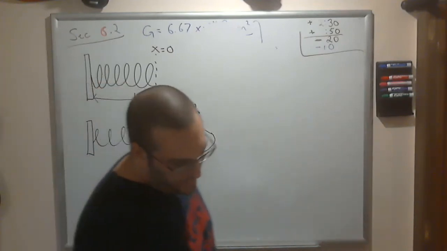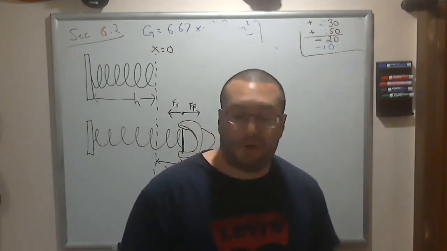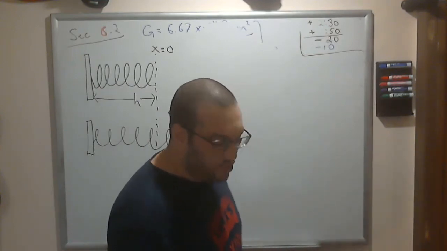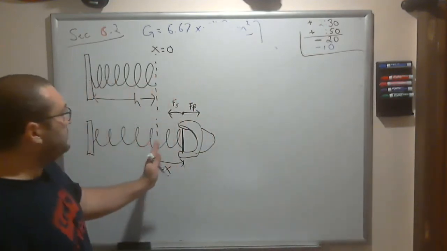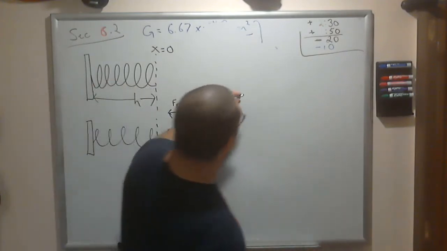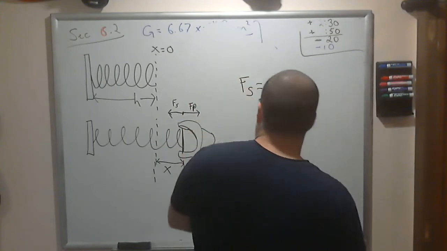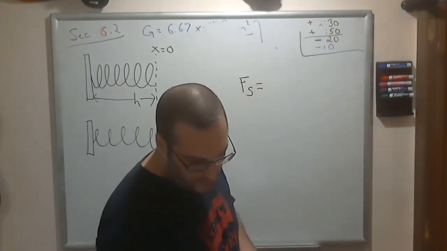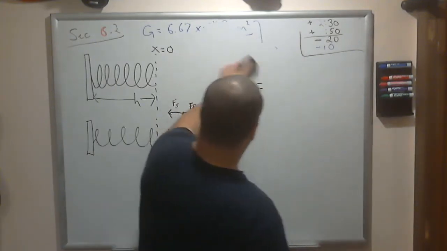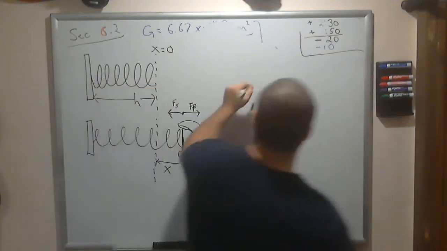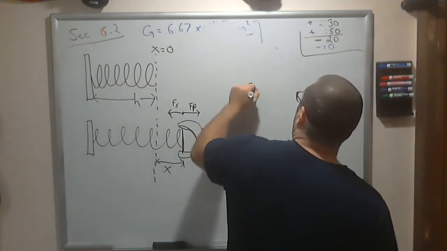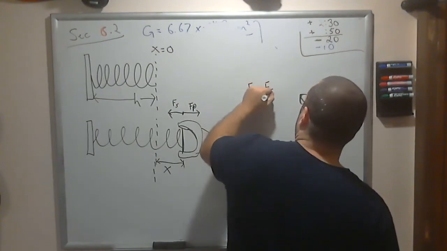Now, this was found originally empirically, and it works extremely well for small displacements of the spring. And we have this. Well, if we're not moving the spring, then we have Fp is equal to Fs.